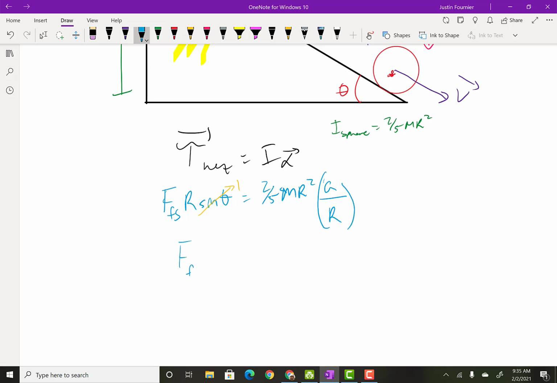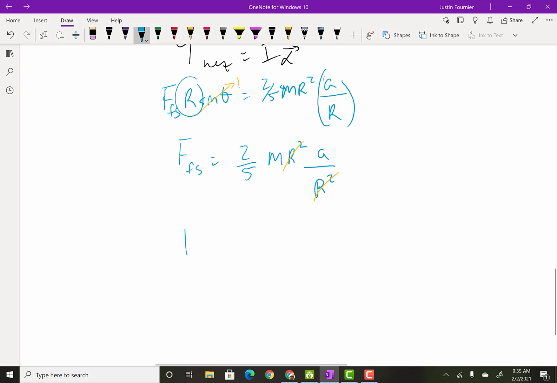So I'm going to isolate the static friction force. This is going to be 2/5 mr squared times a over r squared, because I divided both sides by this r. So the r squared cancels out, and I get the force of static friction is equal to 2/5 ma.